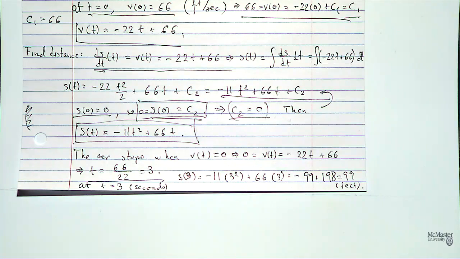One for the initial position, which was s of 0 equal to 0. The second is the initial velocity, v of 0 equal to 66, because you will determine two constants. So you have c1 and c2, which are completely determined by the information of the problem, and you're mostly done.